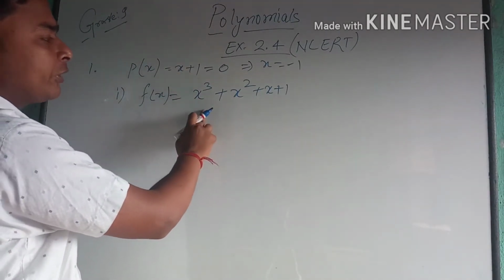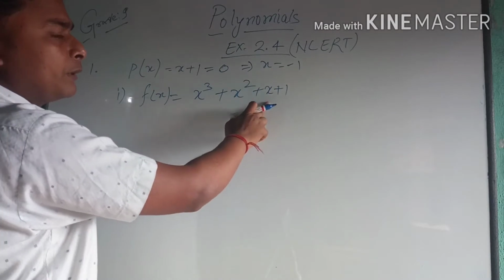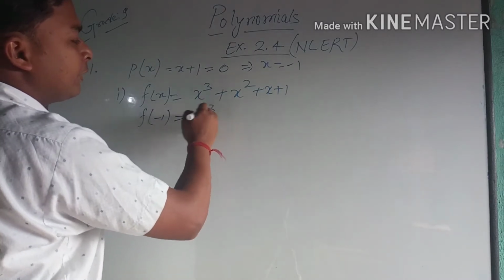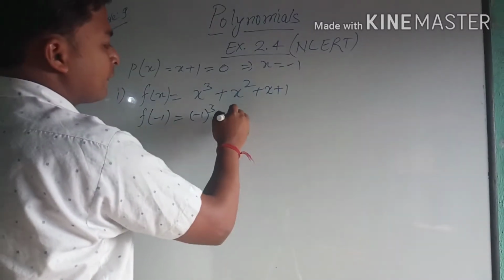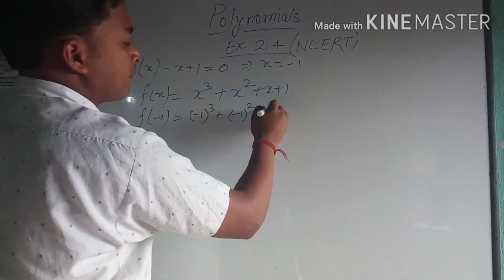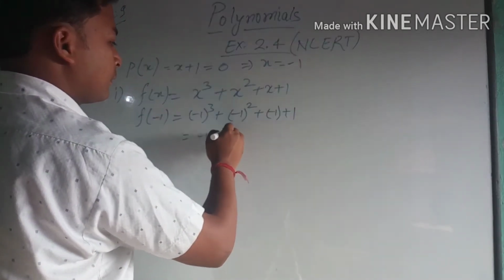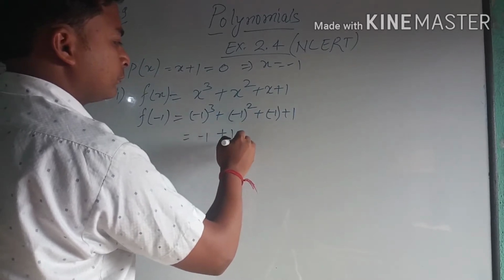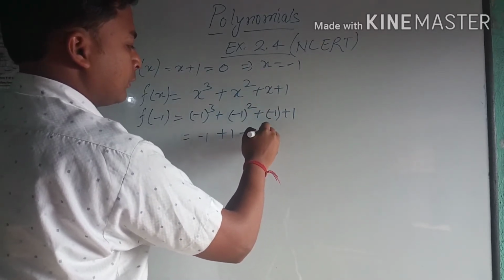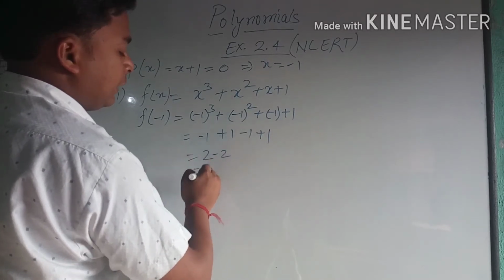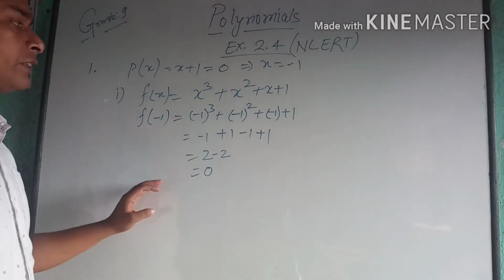Function of x is equal to x cube plus x square plus x plus 1. We will find out the value p(minus 1). Minus 1 will be replaced with the x. Finally, we have got that the remainder is 0.